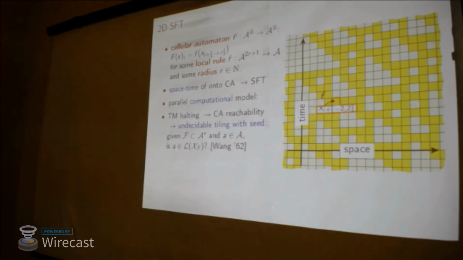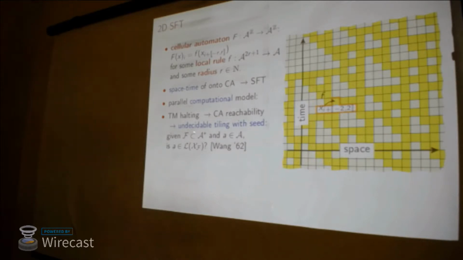But it can simulate a Turing machine, and if I embed the halting problem of the Turing machine and simulate it by a cellular automaton, it gives me undecidability of some reachability problem on cellular automata, whether a given cellular automaton can reach some particular state starting from a particular state. And if I look at what it gives me on the obtained two-dimensional subshift of finite type, it gives me undecidability of the following problem.